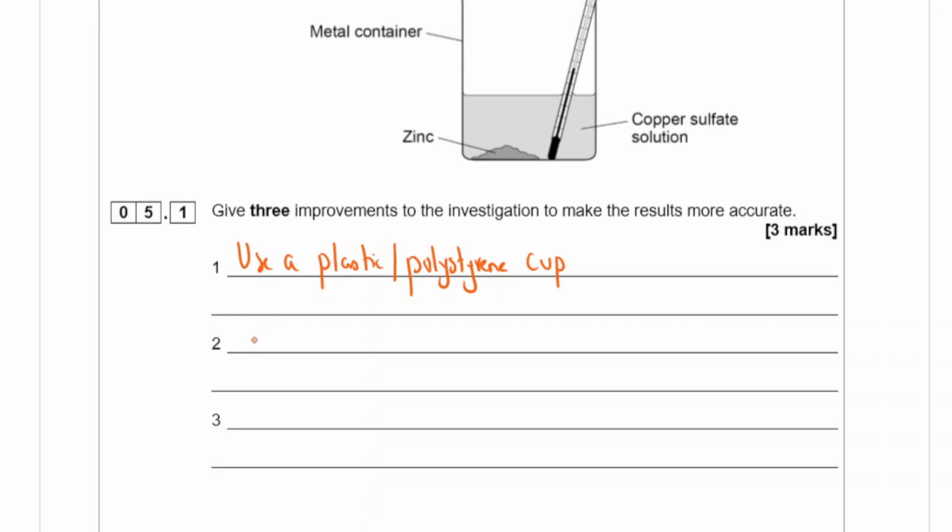You could say add a lid. You could also say stir the mixture. These three will give you the 3 marks, but I can write 2 more.